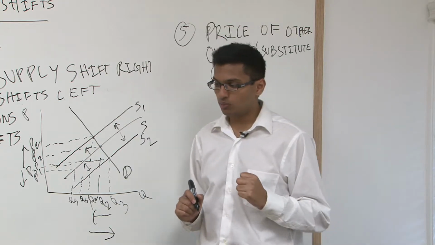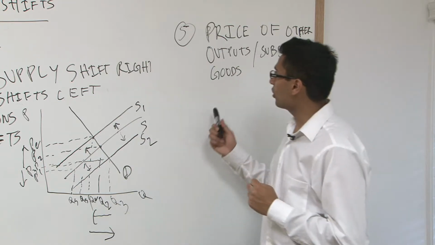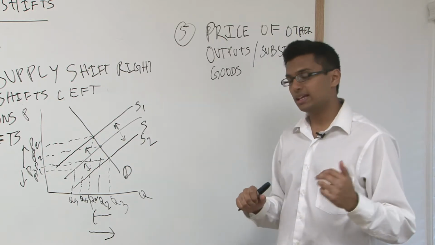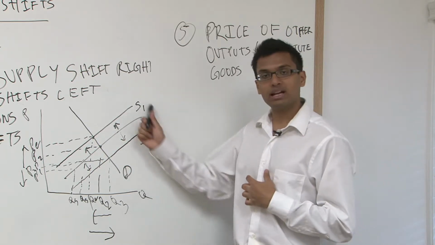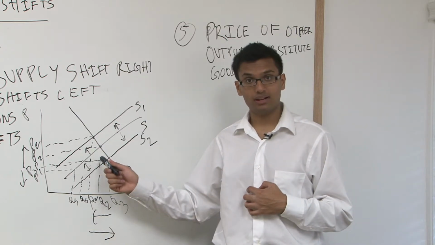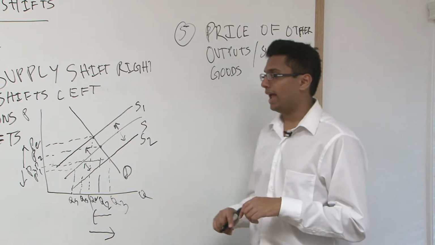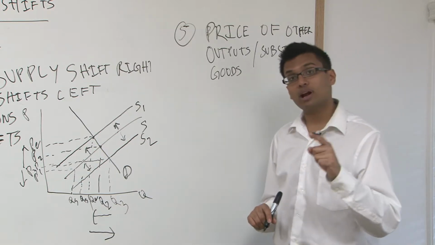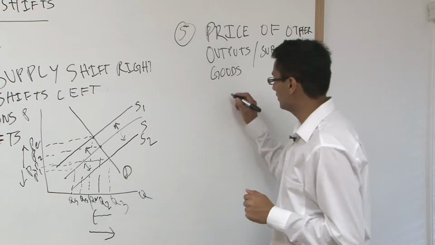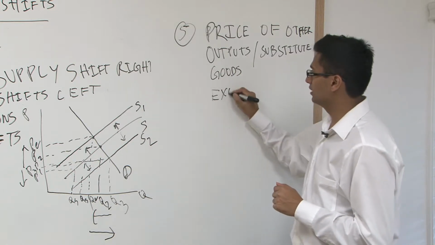So the moral of the story is, say the price of outputs, let's say the substitute goods. Pretend this graph here talks about the blackboard market. And let's say the price of whiteboards, so in this example, I'm going to write this down.